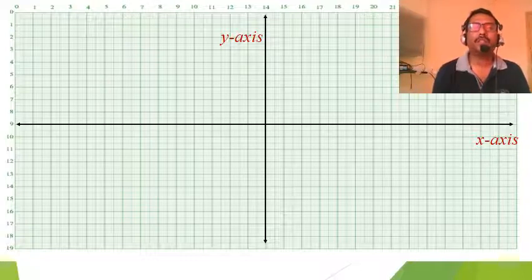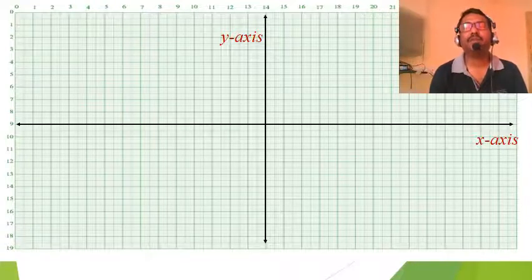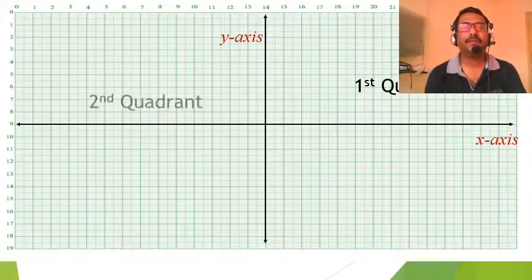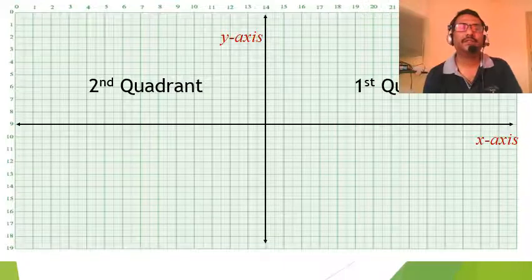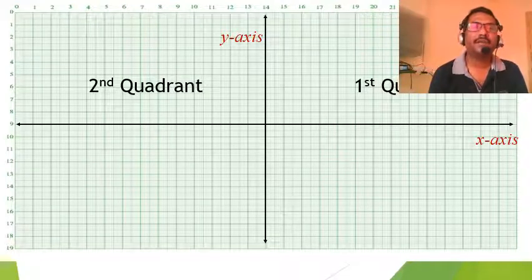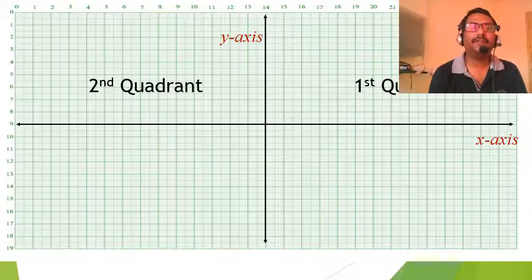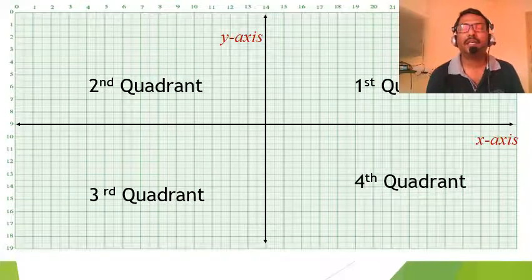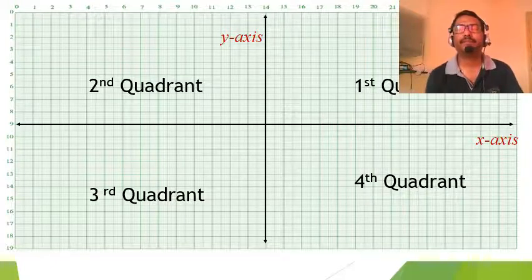Because of these two axes, the plane is divided into four parts. You can see here the first part is known as the first quadrant, the second one is the second quadrant, which is the upper left, then the lower left part is the third quadrant, and the lower right part is the fourth quadrant.